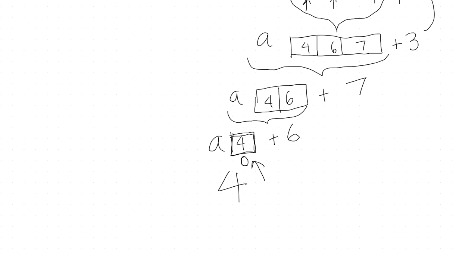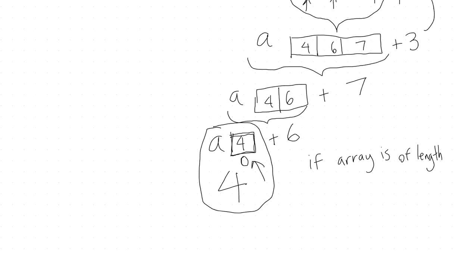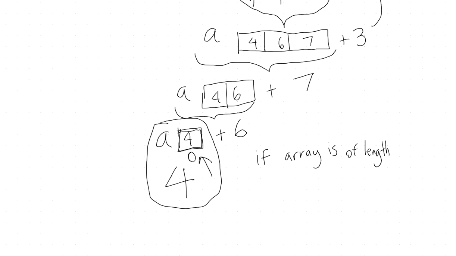So now that we've kind of gone through this, you can see that the base case of this kind of problem would be if the array is of length 1, then the sum of that array is equal to what's contained in this index, which is just A0.